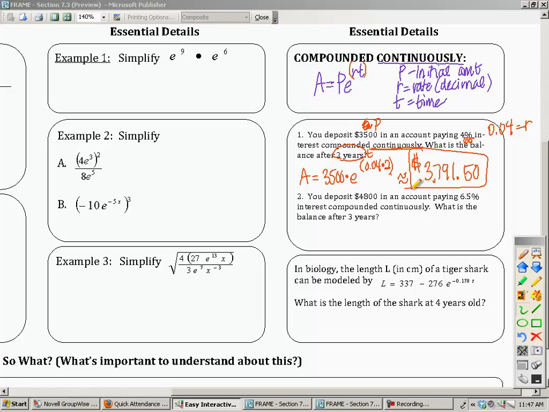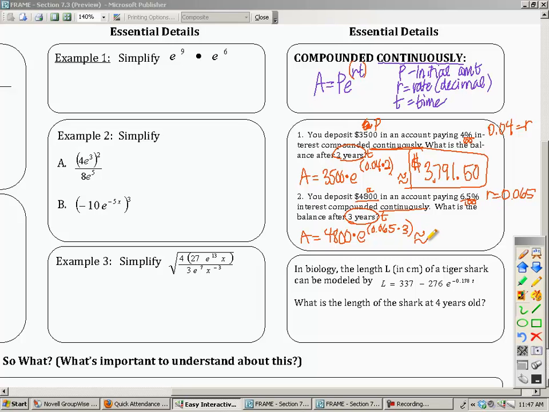Okay, one more. We deposit $4,800. That's our P. 6.5%. When you divide it by 100, my rate is 0.065. Compounded continuously means PERT. What's the amount after 3 years? That's my time. So 4,800 times e to the 0.065 times 3.